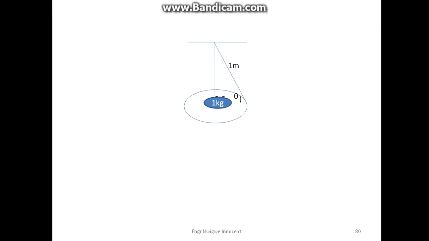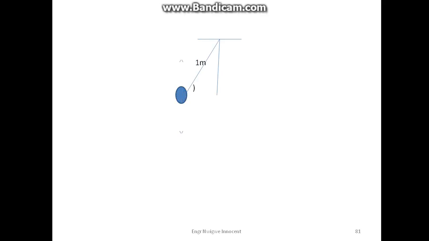Resolving the forces on the body, the vertical force will be equal to T cos theta, and the horizontal force will be T sin theta. See, the ball is still at 1 meter with the string at a radius of 0.6 at an unknown angle, and the weight of the ball is mg.